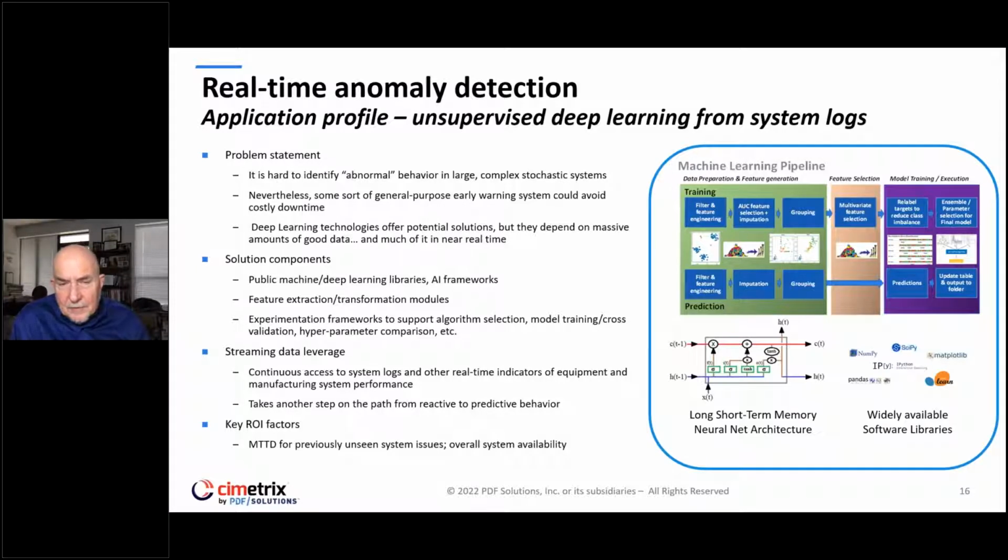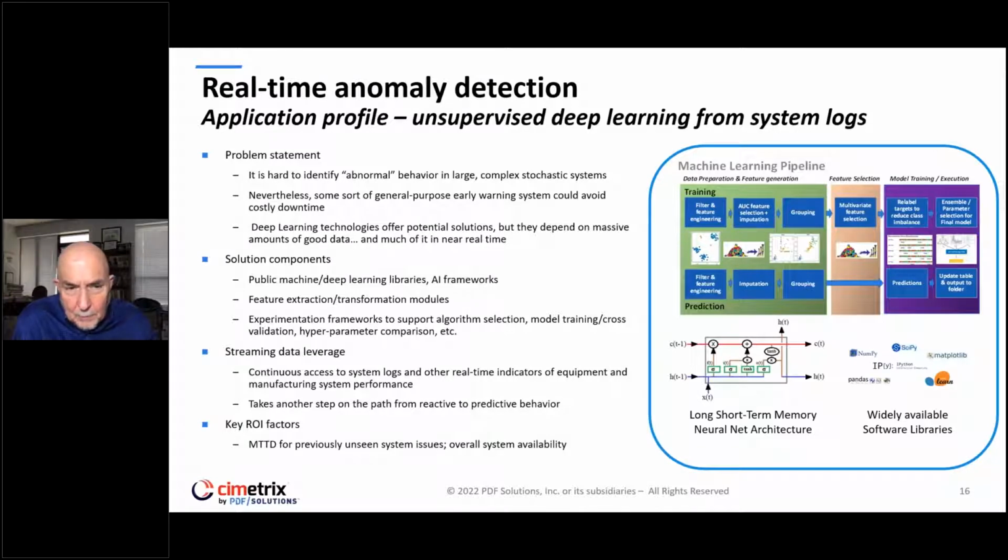And in the same way that these kind of recurrent neural networks have been used to do sentence completion and prediction of, let's say, word choice, given a sequence of words up to a given point, based on a person's or a group's speech patterns, they can do the same thing with a sequence of events in a complex system.